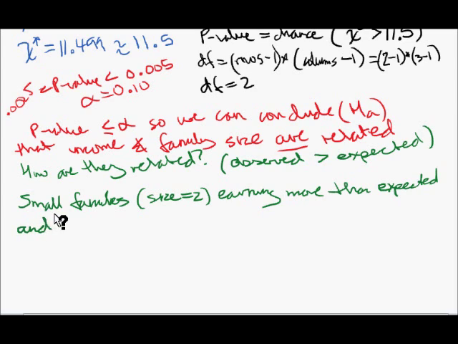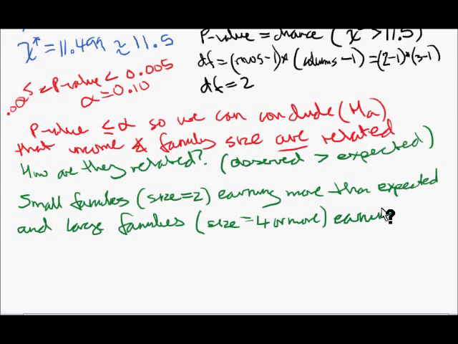And large families, in this case the size was 4 or more, earning less than expected. You saw more of them in that lower income. That's the relationship it appears to be.